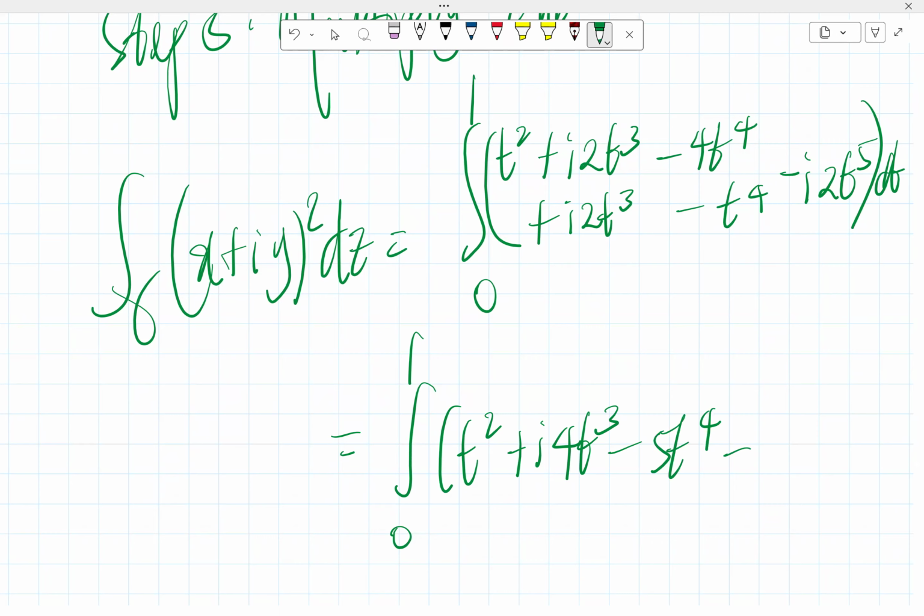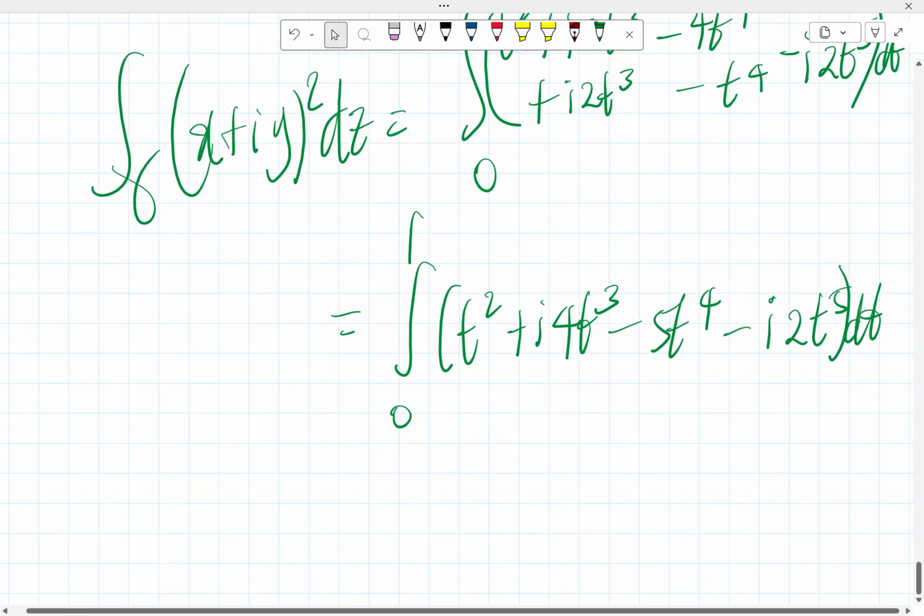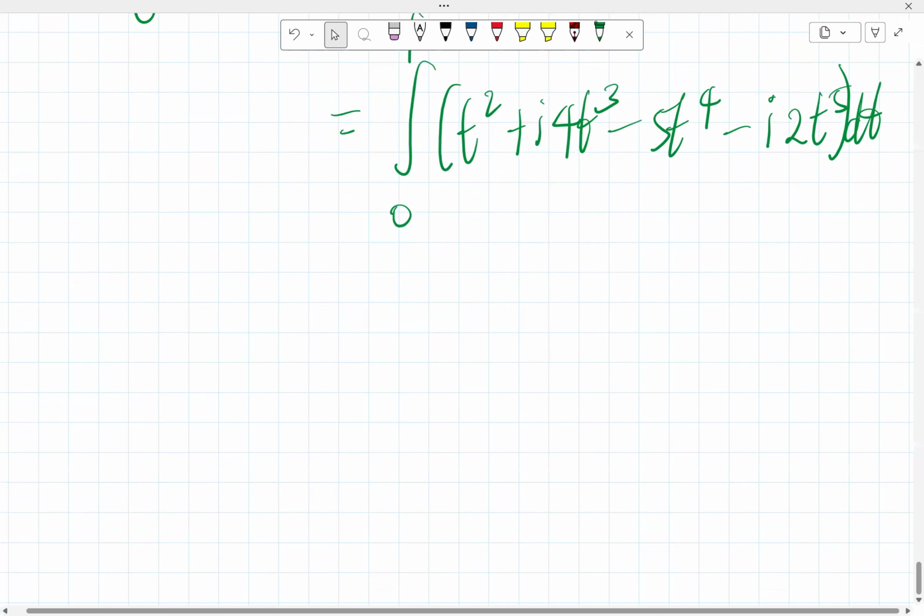Then lastly, minus i2t⁵, all of that dt. So that requires some carefulness: t² + i4t³ − 5t⁴ − i2t⁵ dt. Then we can integrate term by term.